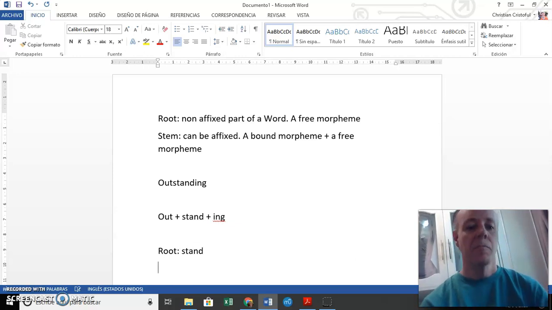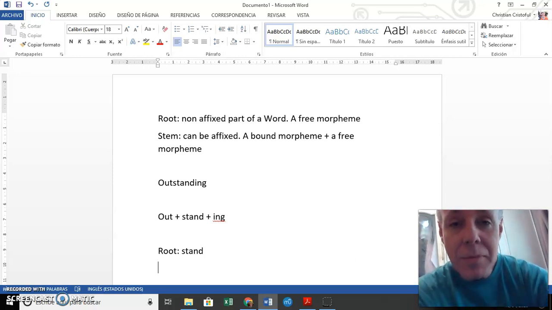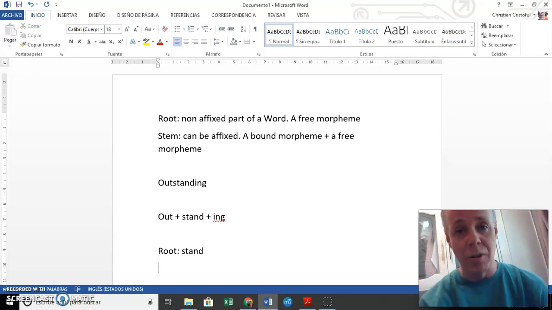Okay. But stand means to stand up. It does not mean to be prominent as in outstanding. What does it mean? It means that the meaning has changed. Roots do not care about meaning. They care about the free morphemes of the word.